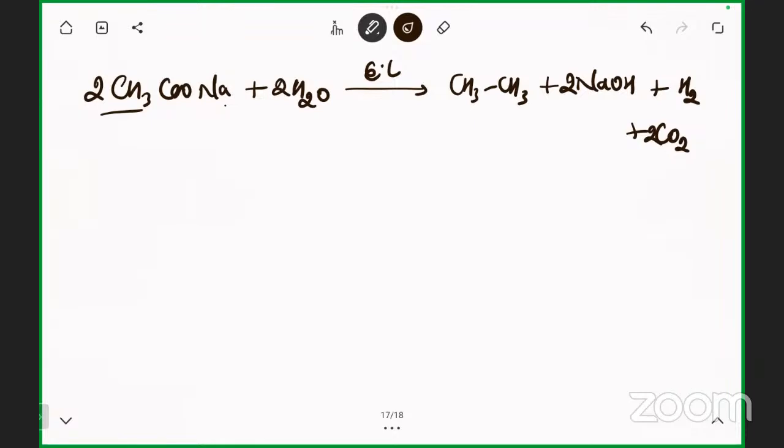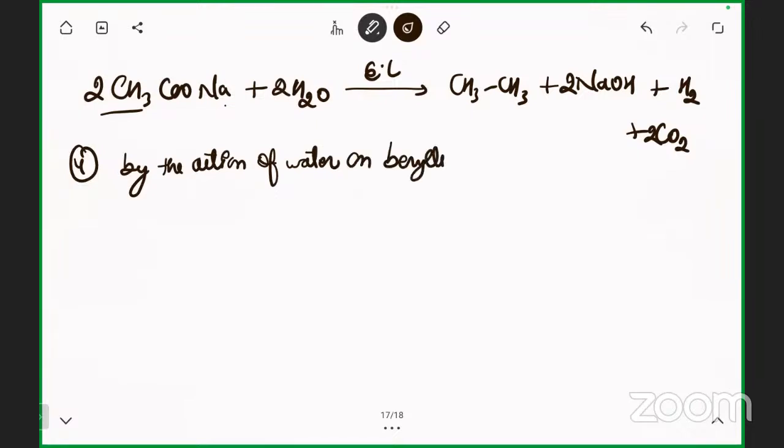The last method: from carboxylic acid we had decarboxylation, called Kolbe electrolysis. The last, fourth method is by the action of water on beryllium and aluminium carbides.